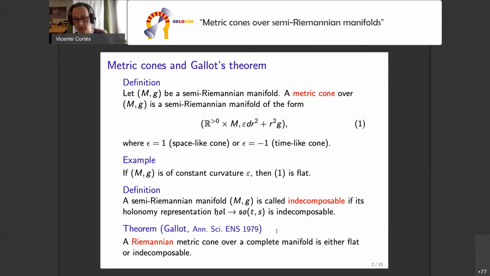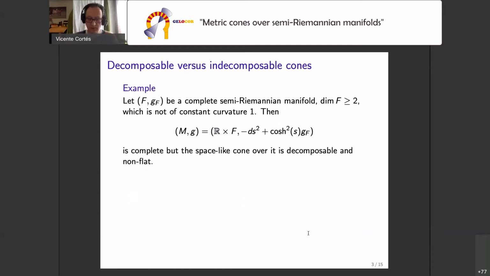And so the first question is whether such a theorem holds for semi-Riemannian manifolds. So whether the metric cone over a semi-Riemannian manifold is either flat or indecomposable. And it turns out that this is in fact not true. So Gallot's theorem doesn't hold for semi-Riemannian manifolds.